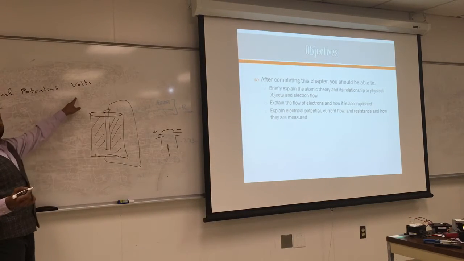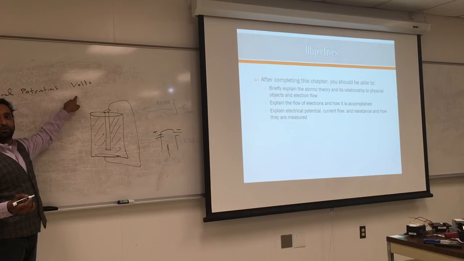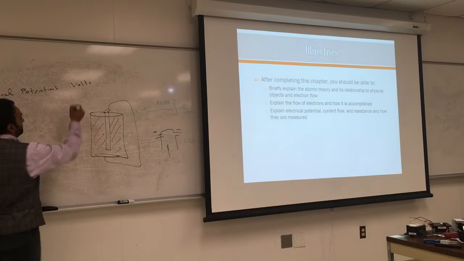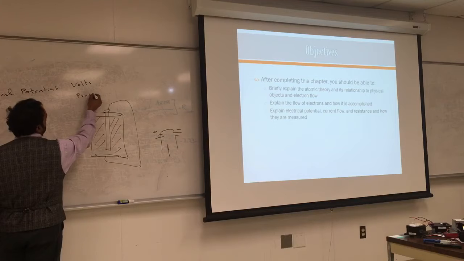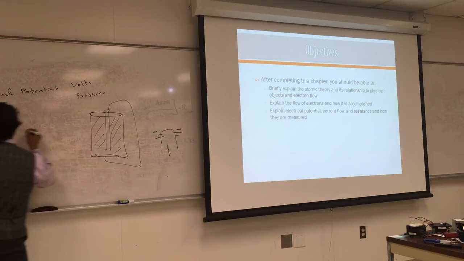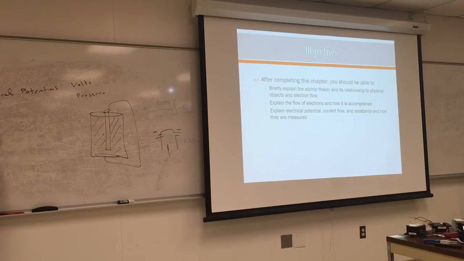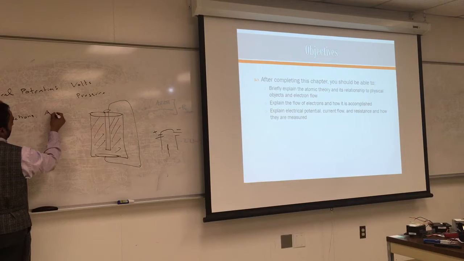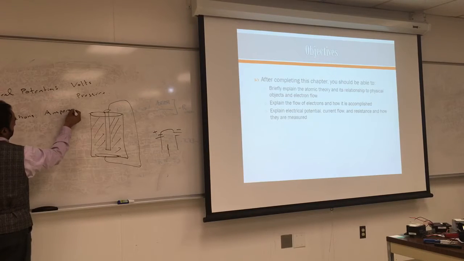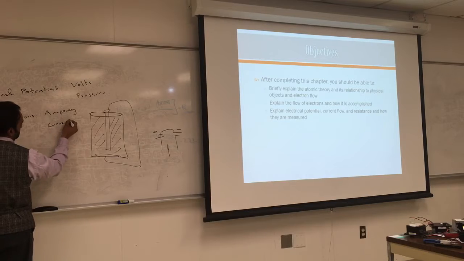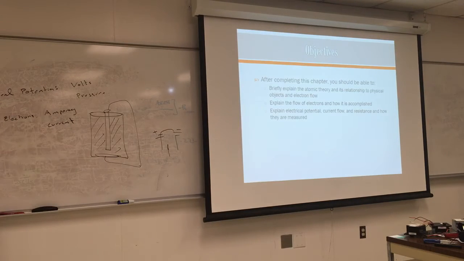And again, if this were water, this would be pressure. And we have the flow of electrons. That's amperage, and that will be the current. And resistance.